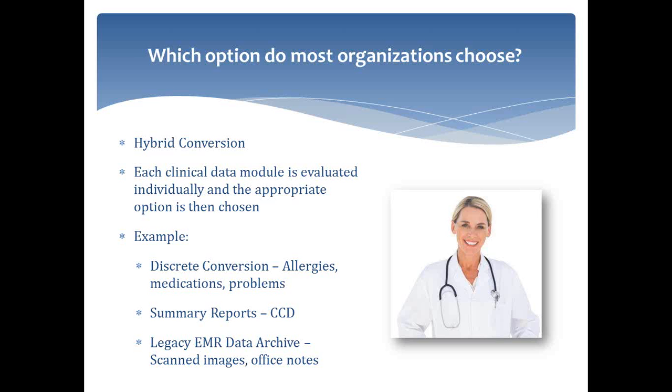Typically you don't find conversions where an organization wants everything moved discretely into the target system, and typically you don't find where they want everything just moved into the EMR archive. It's usually a hybrid of the two. And the fact that that data is easily accessible through an archive solution makes the hybrid approach very attractive for a lot of organizations.